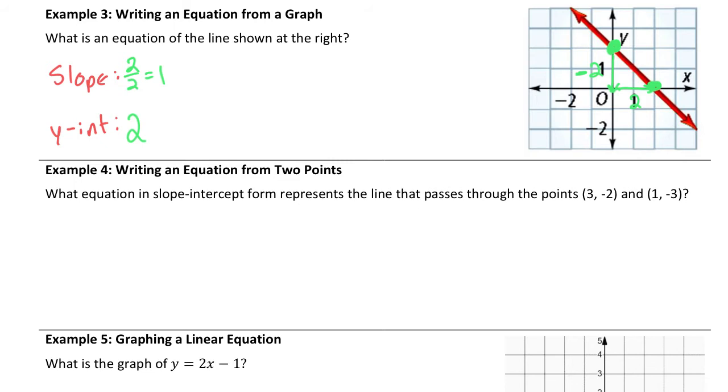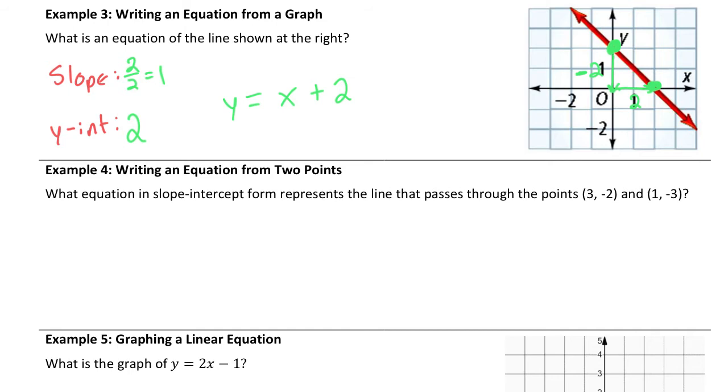So you've got to pick 2 points. I'm not going to give you 2 points here, okay? So to write this out, it's going to be y equals, slope is 1, so it's like 1x, or just x, so x plus 2. So you're picking out those features from the graph to write the equation in slope-intercept form.